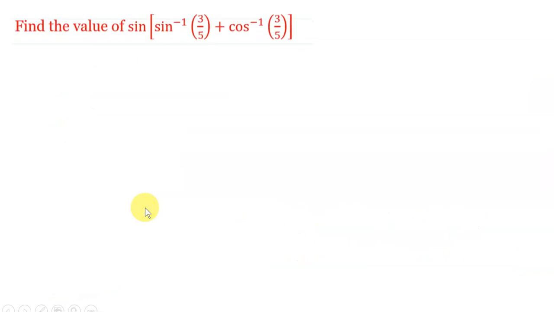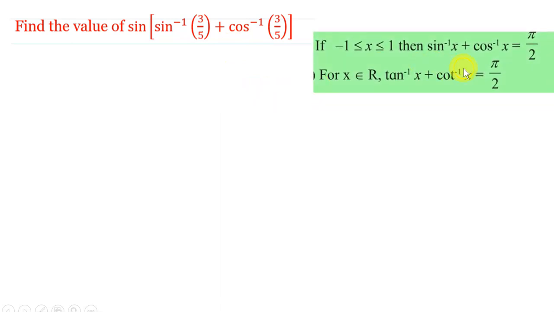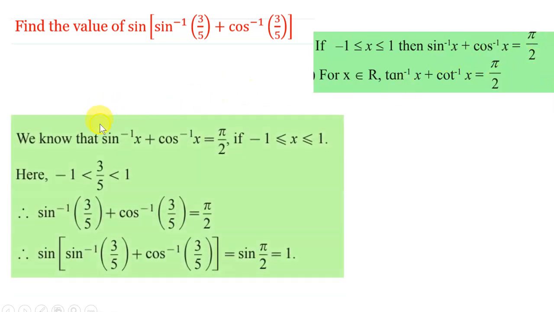Next, find the value of sine of (sine inverse of 3 by 5 plus cos inverse of 3 by 5). Here we apply the standard result: sine inverse of x plus cos inverse of x is equal to pi by 2. Applying the result, sine inverse of 3 by 5 plus cos inverse of 3 by 5 is equal to pi by 2.